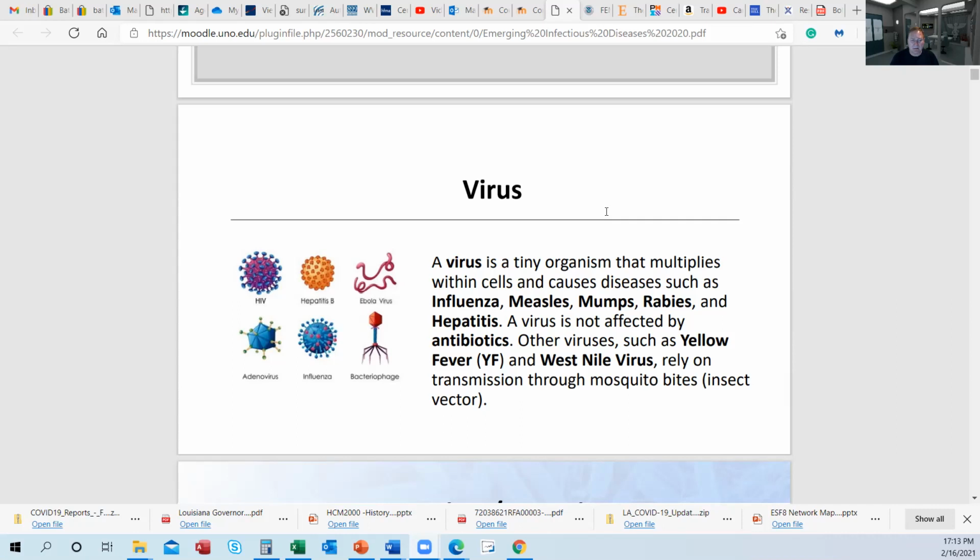The Ebola virus, we tend to think that we have a pretty effective vaccine for it. Hepatitis B, we have a very good vaccine for it. I've been vaccinated for hepatitis B. HIV, we've not been able to develop an effective vaccine, but the big difference is we've been able to develop very effective treatments.